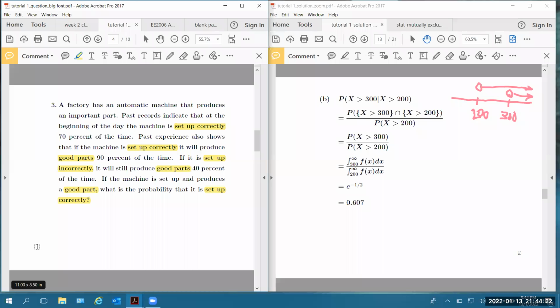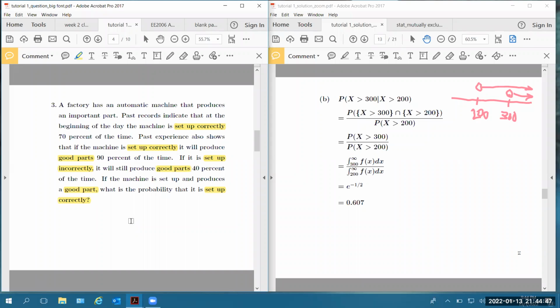Okay, so now you have highlighted already. Then what is the next thing to do? Because this sounds complicated, the next thing to do is to define all these phrases: machine set up correctly, machine set up incorrectly, machine produces a good part.